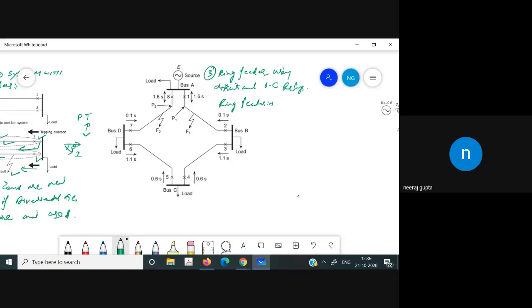So it will allow the supply to be maintained to the loads in spite of a fault in any section.